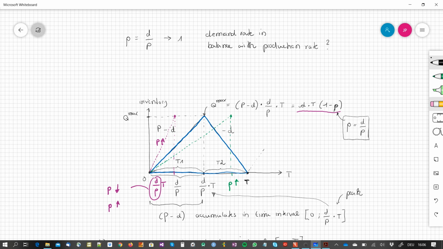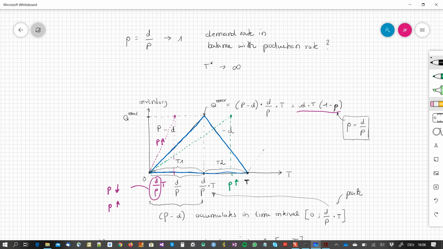What would happen in this case? That is easy to see. So we would assume that the cycle repeats itself all the time. So this would go to infinity.